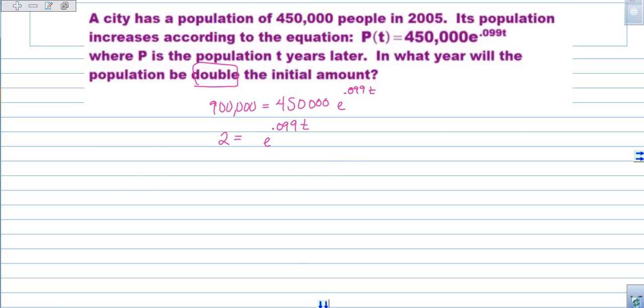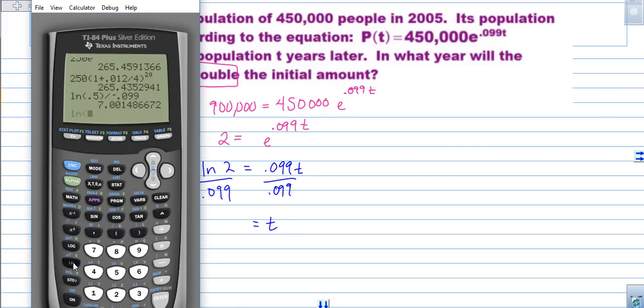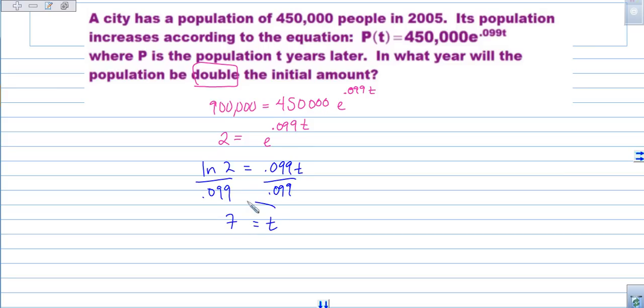And then you inverse the function, so you get ln of 2 equals 0.099t, divided by 0.099, and t will equal the natural log of 2 divided by 0.099, bam, 7 years again. Okay?